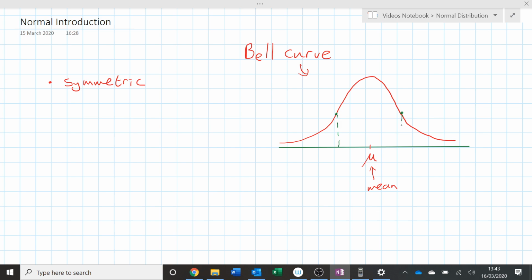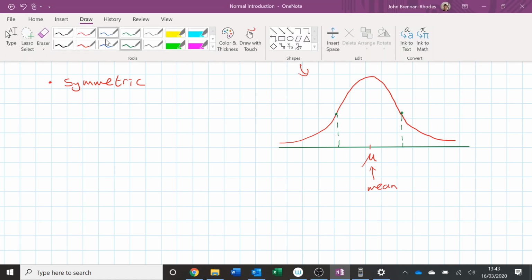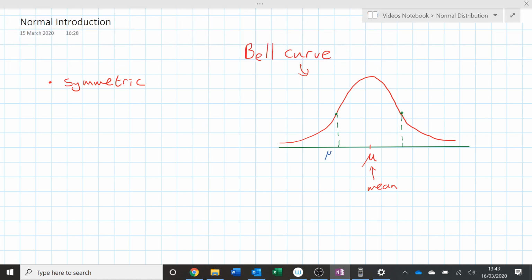If I go down to the x-axis at the bottom, this point here is mu minus the standard deviation sigma, and this point here is mu plus the standard deviation. You can think of things beyond either way as outliers. About 68% lies in between those 2 points. So about 68% of people, if it was a normal distribution, would lie within 1 standard deviation of the mean.